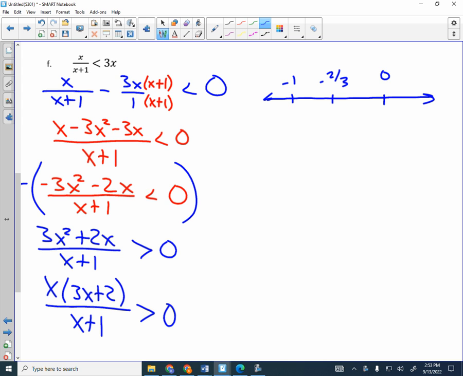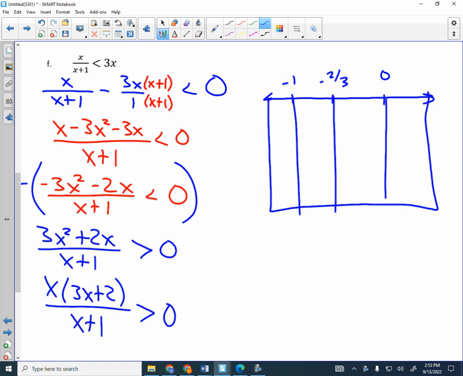What size, how many columns do I have? You do have 4, okay? I've got 4, and how many rows? 3. So I've got an x, I have a 3x plus 2, and I have an x plus 1.